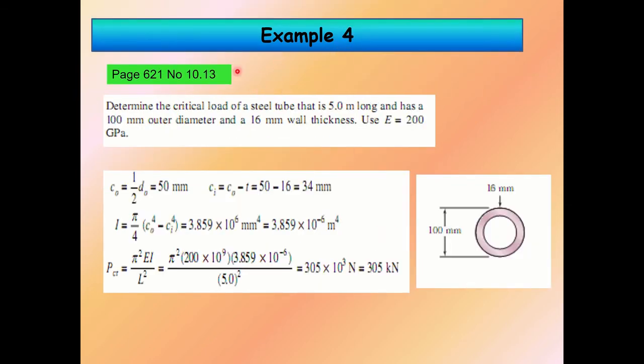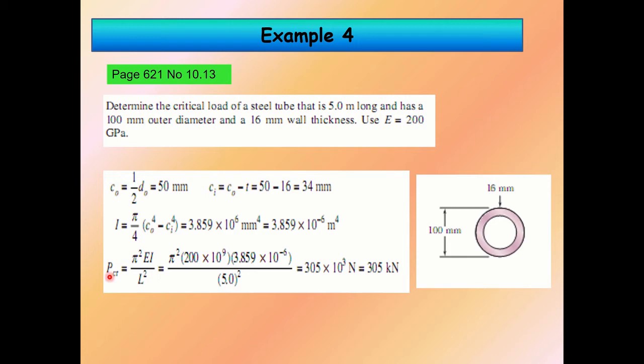Example number 4. Refer to the textbook. Determine the critical load of a steel tube that is 5 meter long, has 100 mm diameter and 16 mm wall thickness. Use E 200 giga. This is the Euler formula.